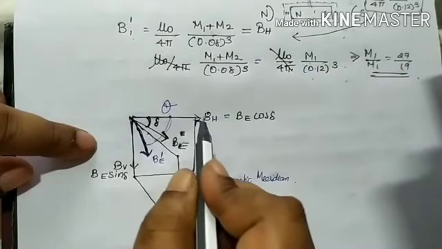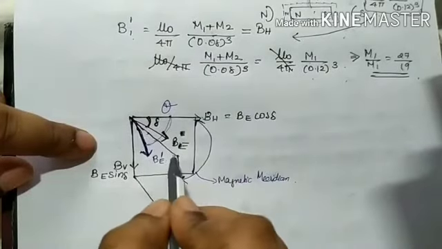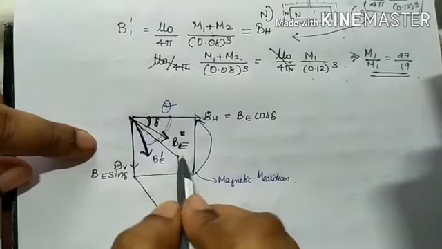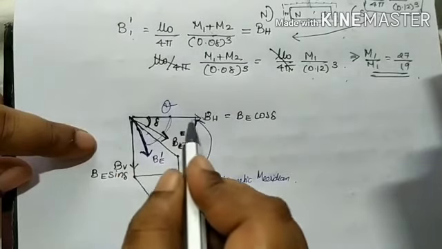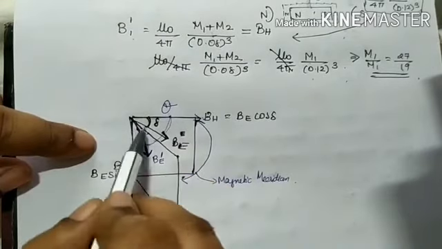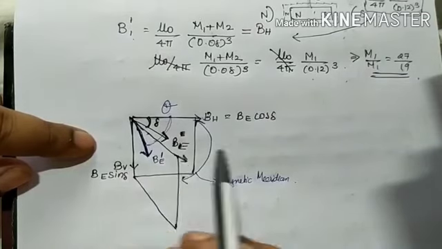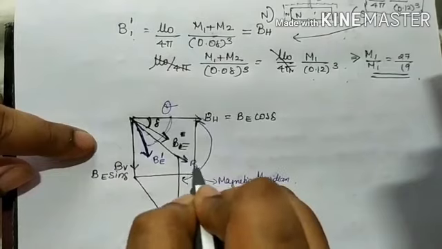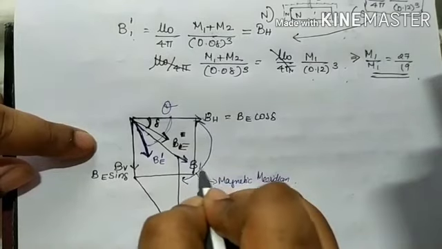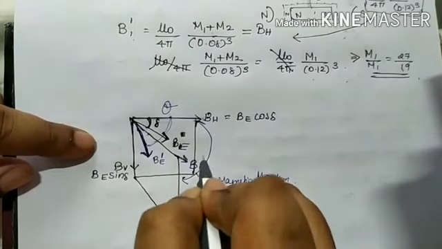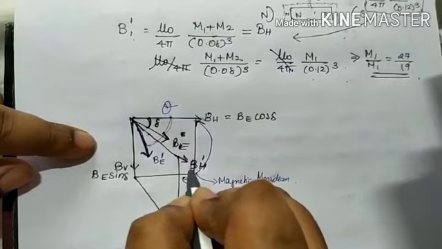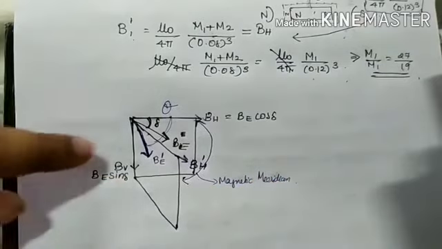So this false net magnetic field also makes an angle with the horizontal of this false plane. Just like this horizontal component, this is also a horizontal component of the second plane. Let's say that is BH dash. Now this much is clear.